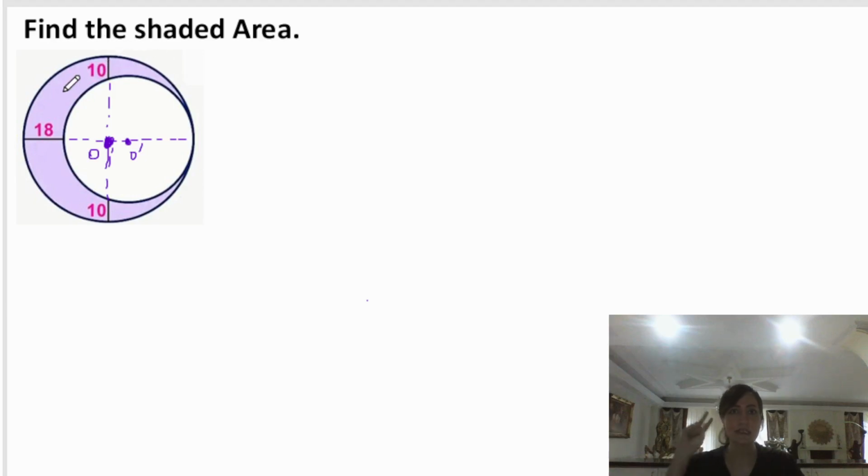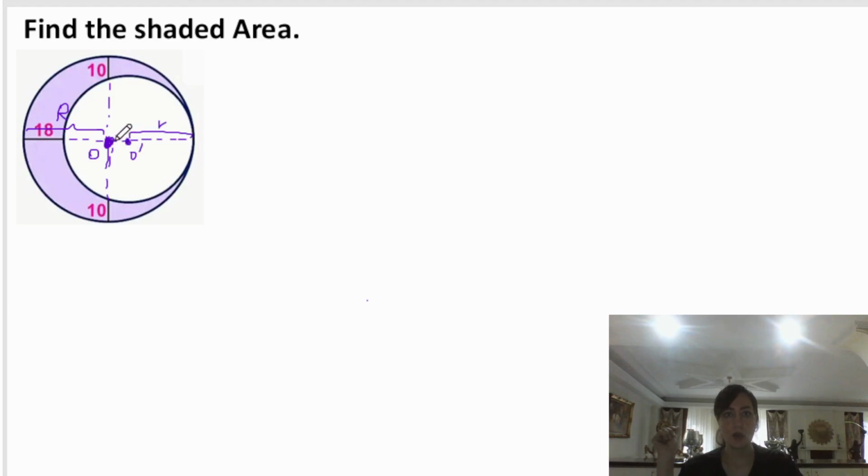So I need to find two radii. For the outer circle I use capital R, and for the inner circle I use small r.